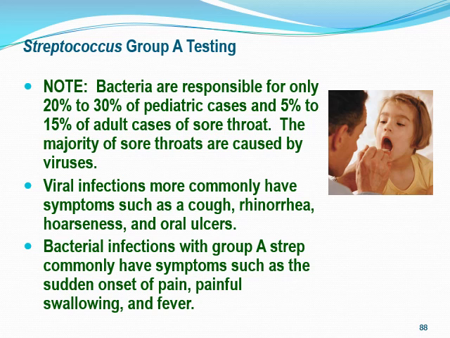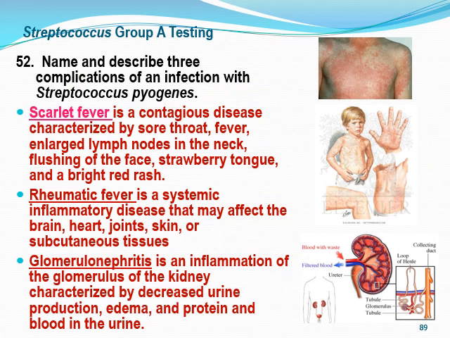Because if it's a viral infection, which as you can see it very well could be, most likely, giving them antibiotics is not going to help, right? So what we want to make sure of is, is it a bacterial infection or is it a viral infection? And these are some good things for you to know so that when you hear the symptoms, you will know the difference. Now, of course, we do a white blood cell count or a complete blood count and see what the white cells are doing to help us with it, okay?